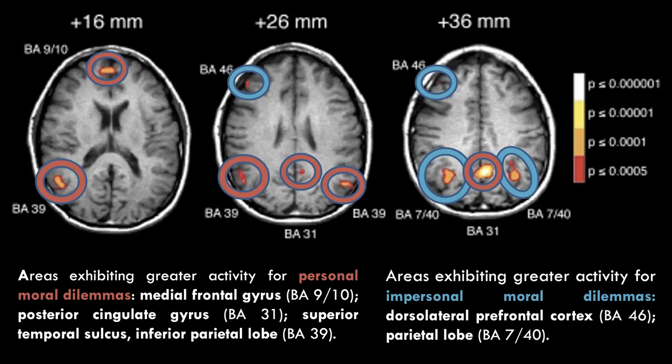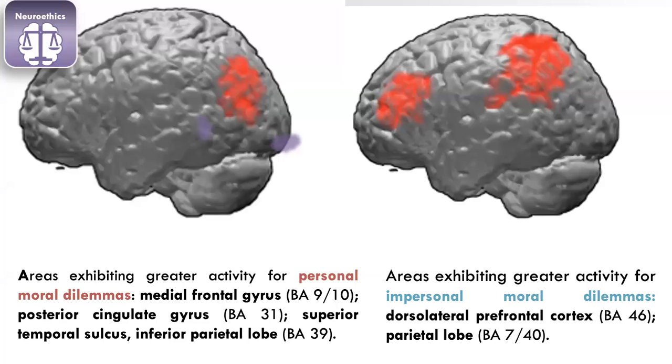So if you give personal moral dilemmas, like you are the one that has to actively kill somebody, the medial frontal gyrus and the posterior cingulate gyrus, the superior temporal sulcus, and the inferior parietal lobe all show activation. On the other hand, the dorsolateral prefrontal cortex and the other parts of the parietal lobe show activation under impersonal moral dilemmas. These are going to be also ones that slow down under cognitive load.